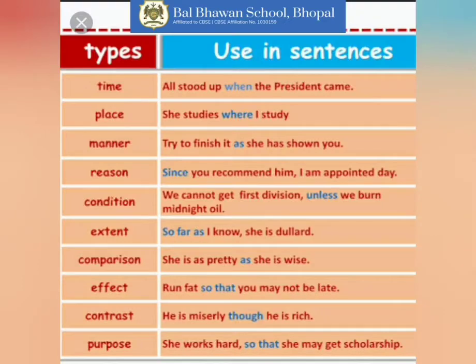Adverb clauses are therefore classified under the following heads: adverb clause of time, adverb clause of place, adverb clause of manner, adverb clause of reason, adverb clause of condition, adverb clause of extent, adverb clause of comparison, adverb clause of effect, adverb clause of contrast, and purpose.